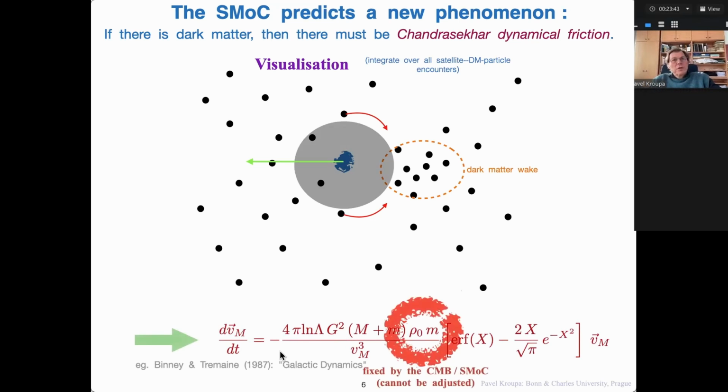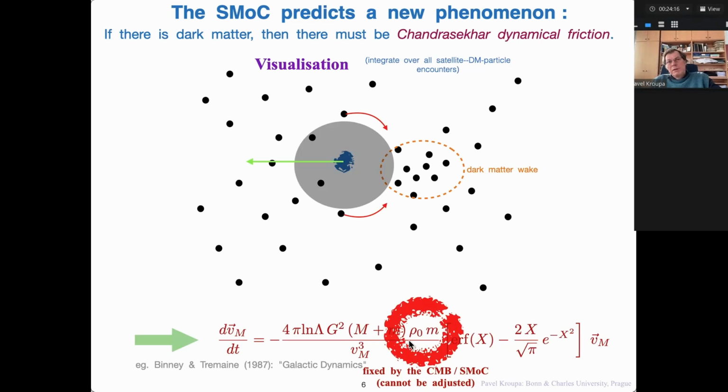And you note, so the deceleration here depends on 1 over the satellite velocity cubed, times then all these parameters here. So it's actually 1 divided by velocity squared, because we have here the quantity of the velocity 2. And then it's also proportional to the mass density of the dark matter halo. So this m is the mass of the dark matter particles here, and rho 0 is the number density.